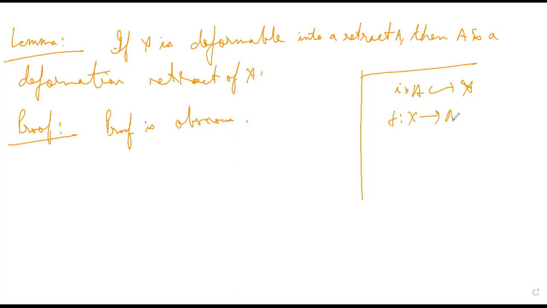That is, I composed with F is homotopic to the identity on X, right? Also, if A is a retract of X, what does this mean?